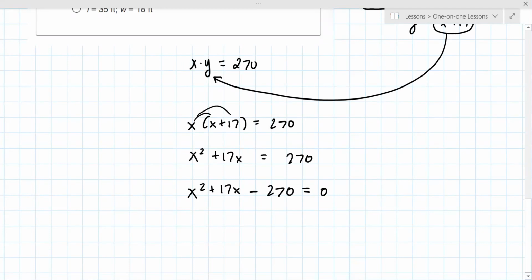Now you can solve this by graphing. I want you to do that. I want you to put a y in front here. I want you to figure out where this crosses the x-axis.